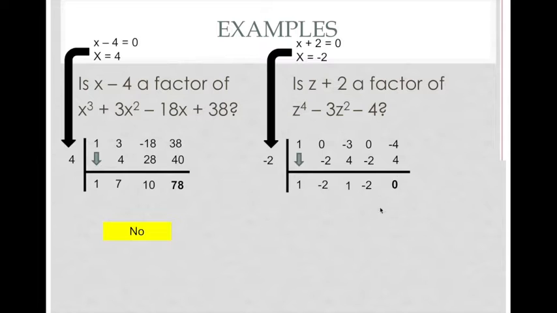So there is not a remainder. That means that x plus 2 is a factor of x to the fourth minus 3x squared minus 4.